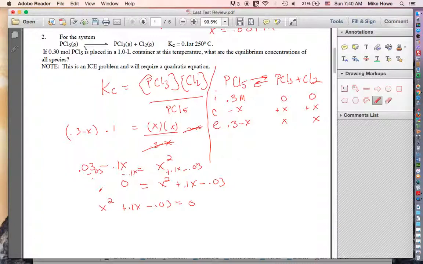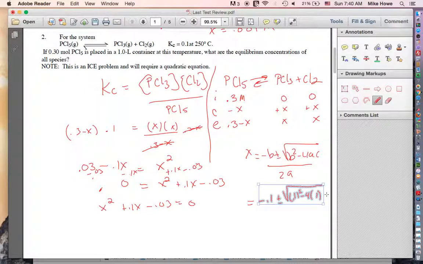All right, so now we'll do the quadratic equation. We know that x is equal to negative b plus or minus the square root of b squared minus 4ac, over 2a. The b term is 0.1, so we're going to have negative 0.1 plus or minus the square root of 0.1 squared minus 4 times 1 times negative 0.03.